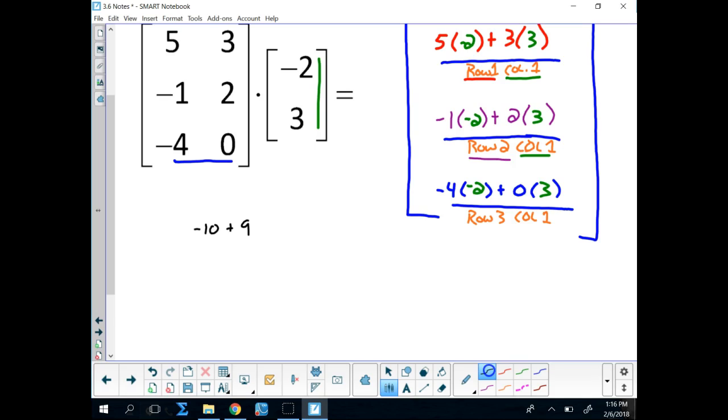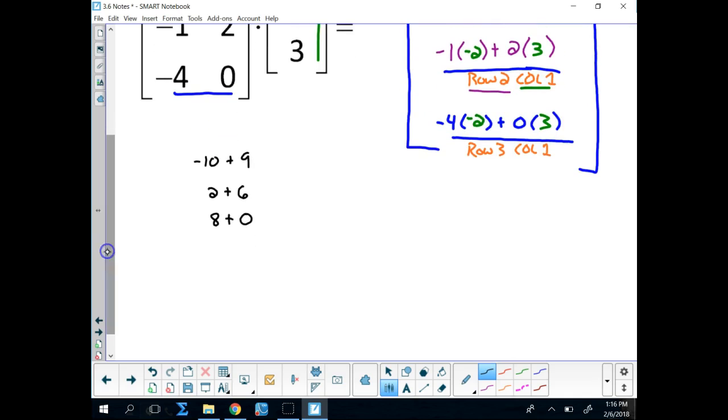Negative 1 times negative 2 is positive 2. 2 times 3 is 6. Negative 4 times negative 2 is 8. 0 times 3 is 0. So my resultant matrix is negative 1, 8, 8.